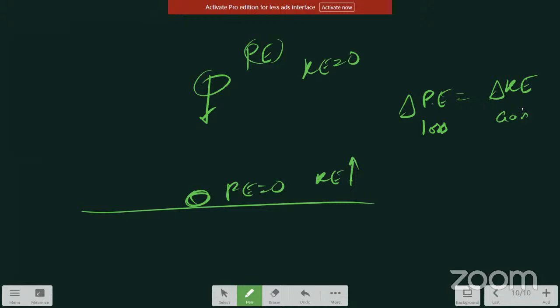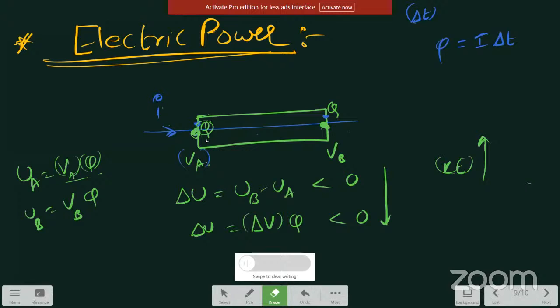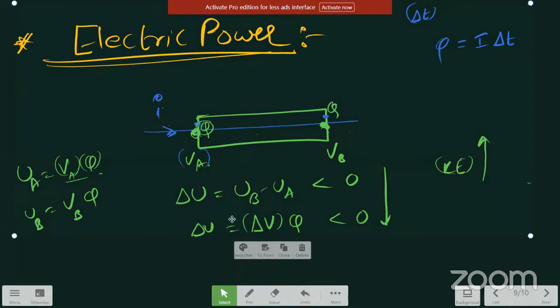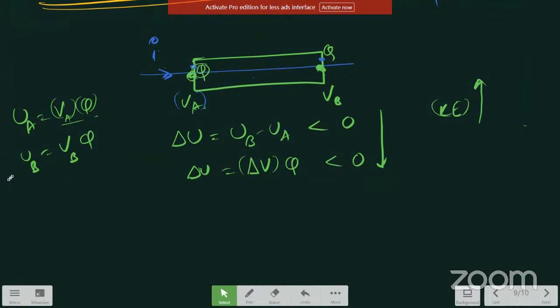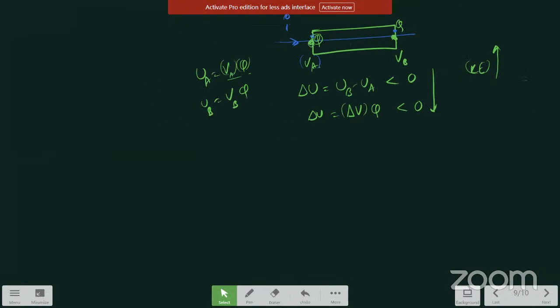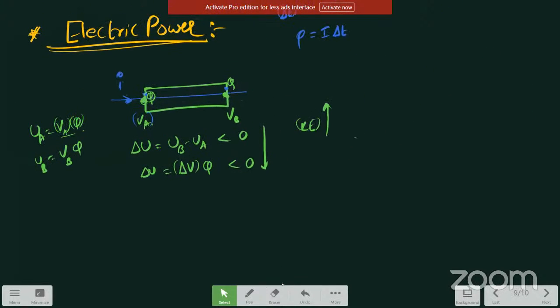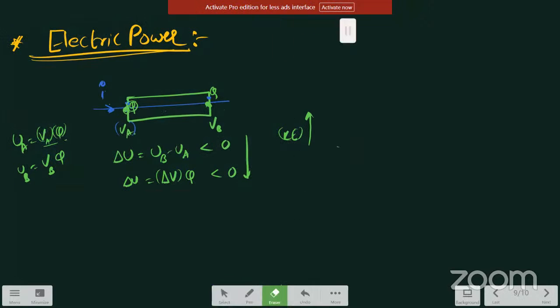In the same way we expect the kinetic energy of this charge to increase, but that will not happen. Why? Because the current carrying particles are charged particles, to be brief.